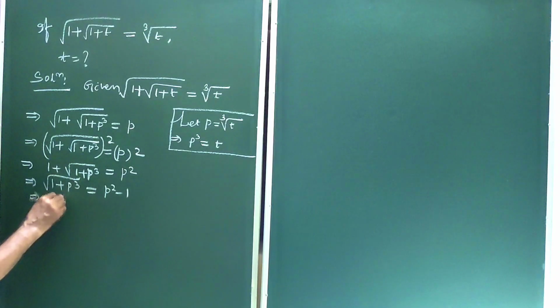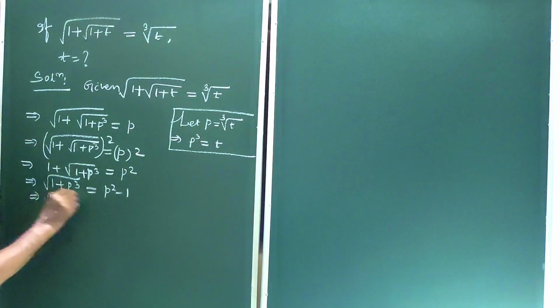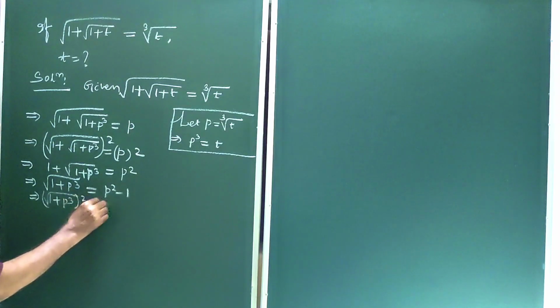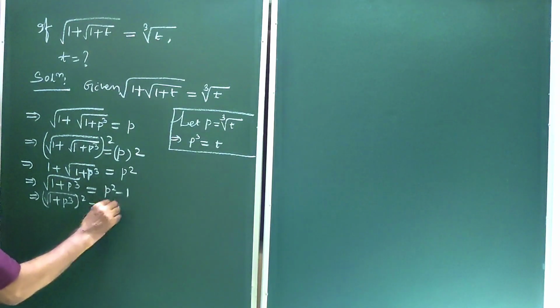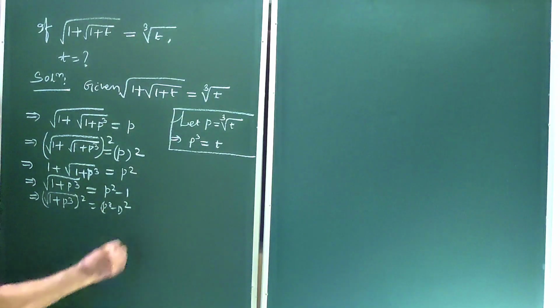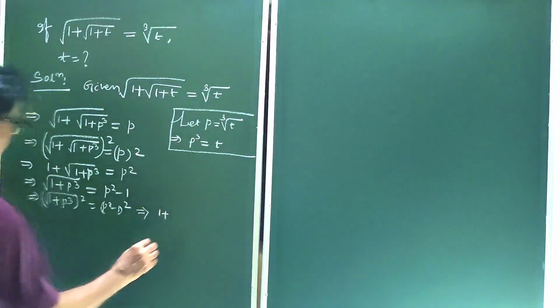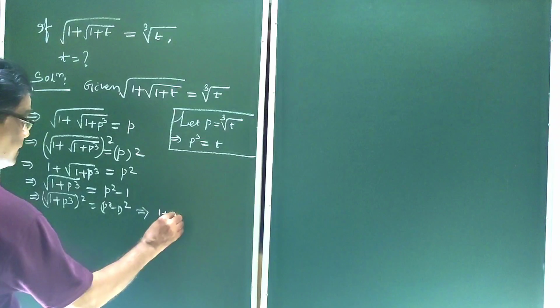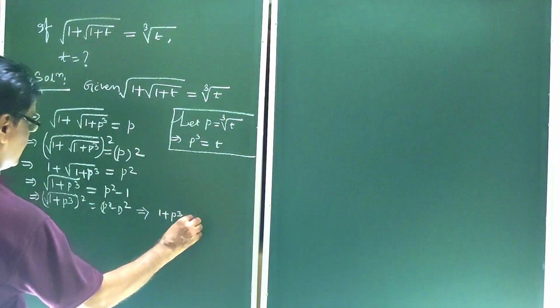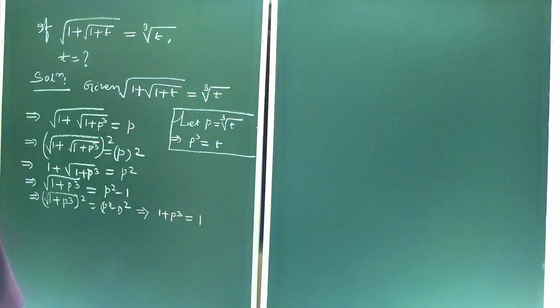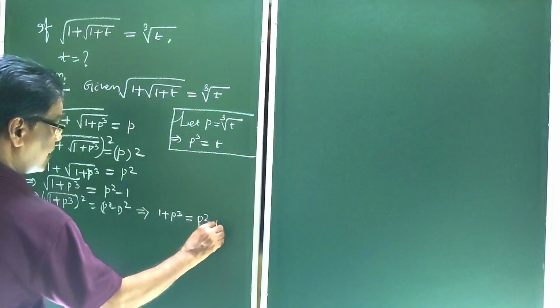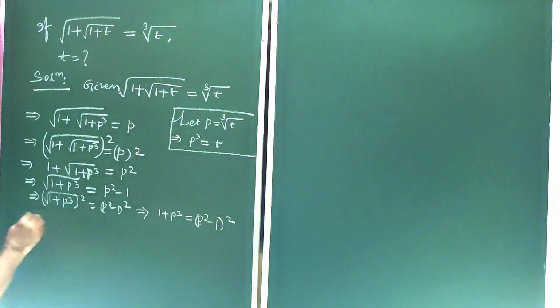This implies (√(1 + p³))² is equal to (p² − 1)². This again implies 1 + p³ is equal to (p² − 1)².